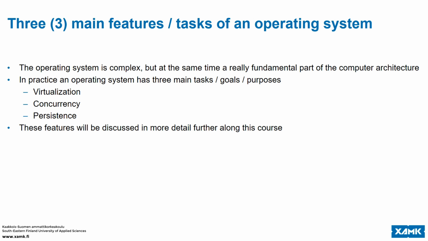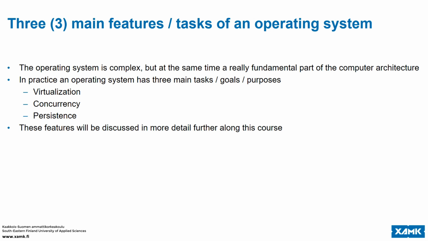On a conceptual level, we can categorize some of those main tasks that an operating system handles into three main features. While the operating system is a pretty complex piece of software, it is a really fundamental part of the computer's architecture, but some of the ideas of how it is constructed are rather simple.